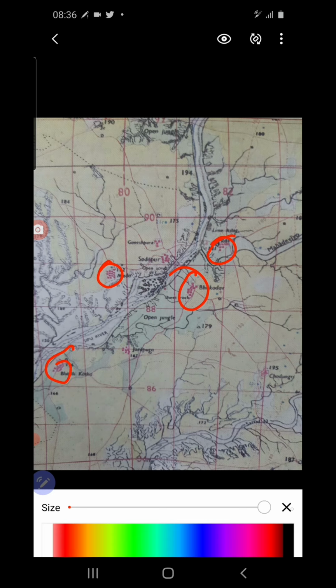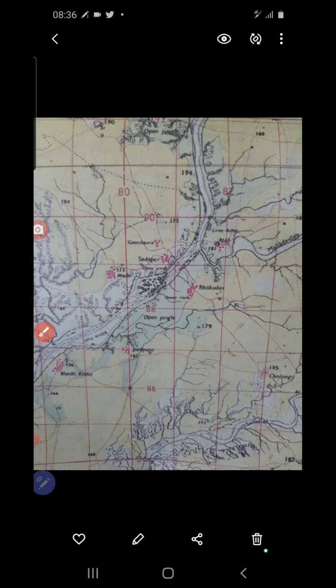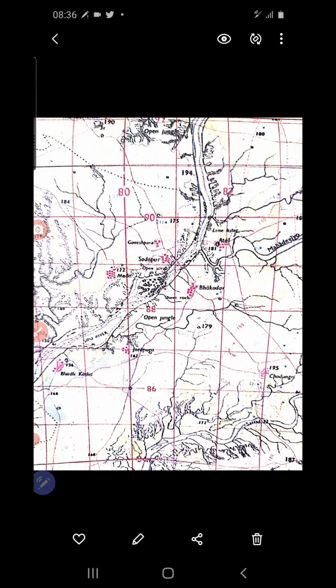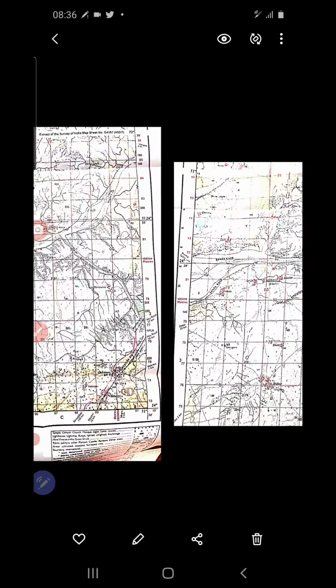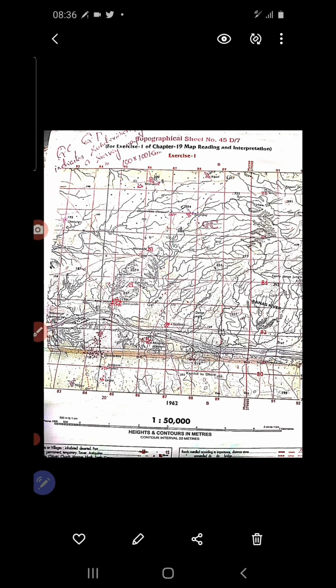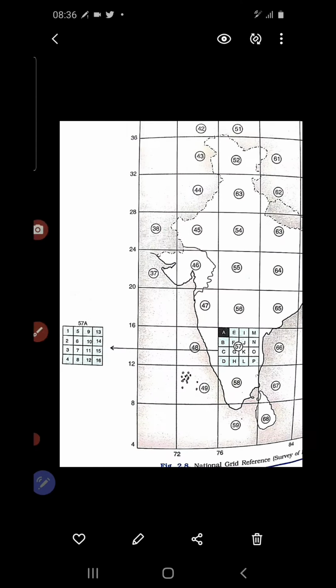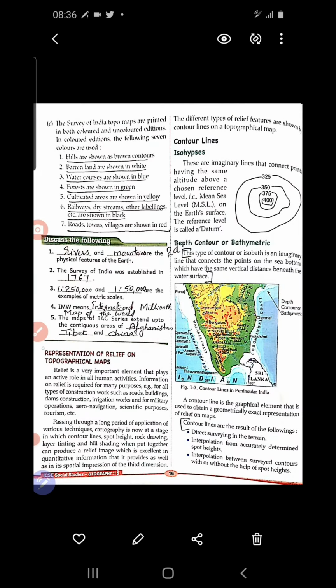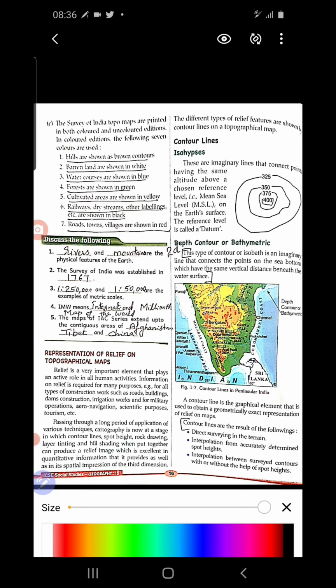Understood? Then water bodies are also shown here. Water bodies are mainly shown with the blue color. Blue color is used for showing the water bodies. That I'll show you with the help of another map. So now let us focus on the chapter here. You have to learn which colors are used in the survey map for showing different features.